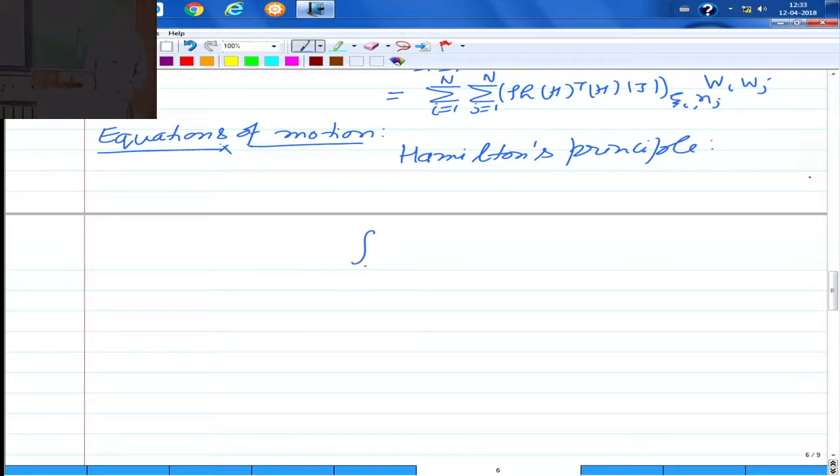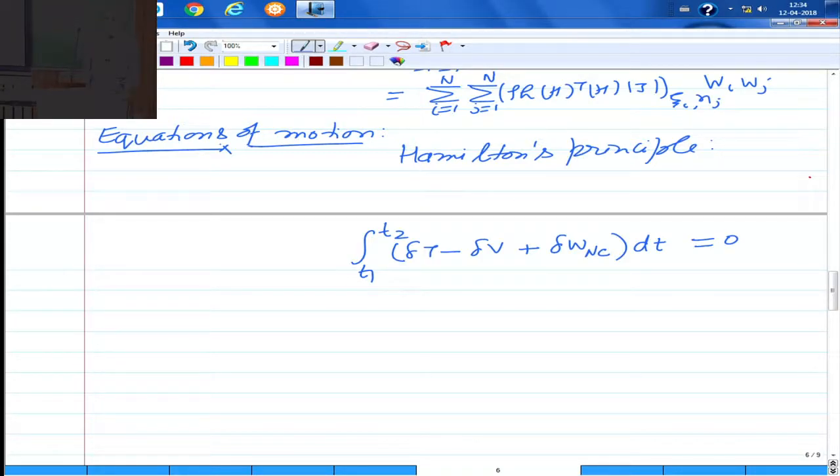If I construct an integral from t1 to t2, where the integrand is the first variation in kinetic energy minus the first variation in the potential energy of the conservative force field acting on the body plus the virtual work of non-conservative forces, then this should be equal to 0 for arbitrary variation in the motion of the body from t1 to t2.